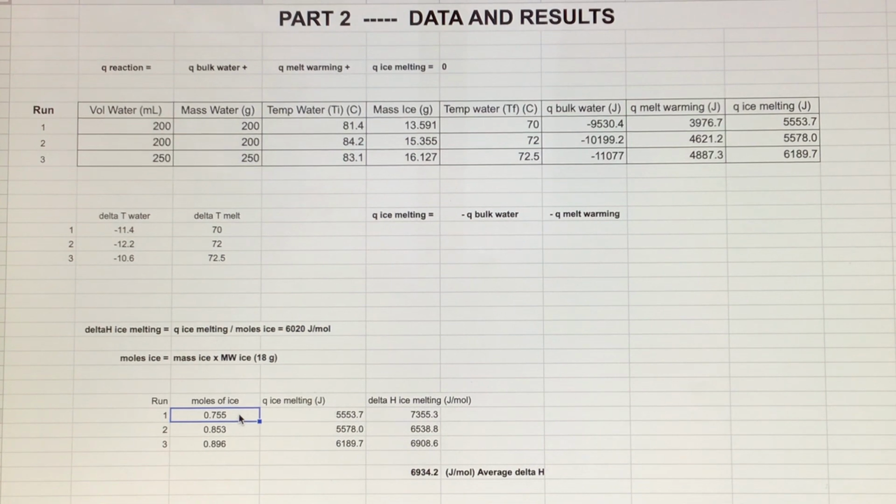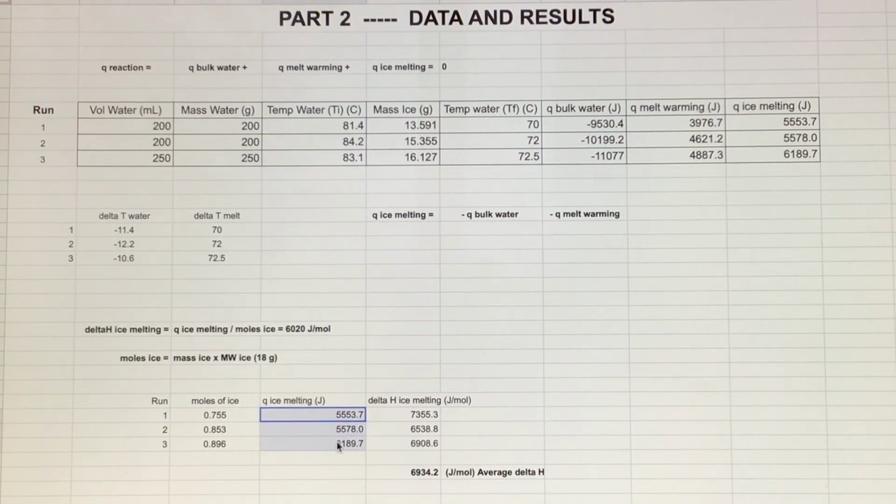So I calculated the moles of ice that I used, starting from the mass of the ice cube and dividing by its molecular weight. Remember, ice, it's just water, and the molecular weight of water is 18, okay? So this is the number of moles of the ice cube in run number 1, in run number 2, and in run number 3.